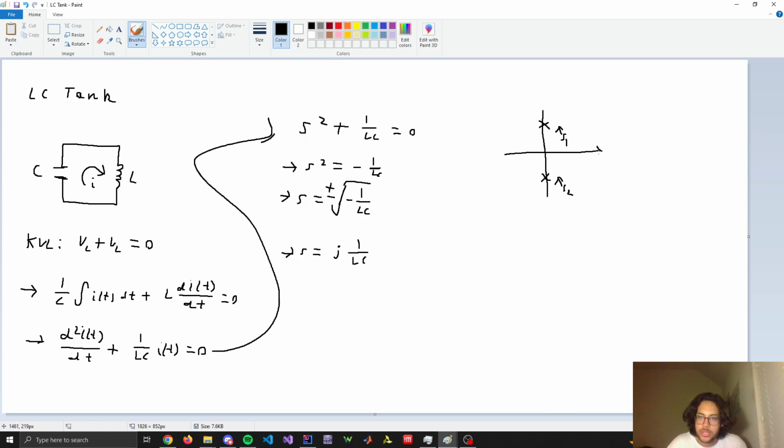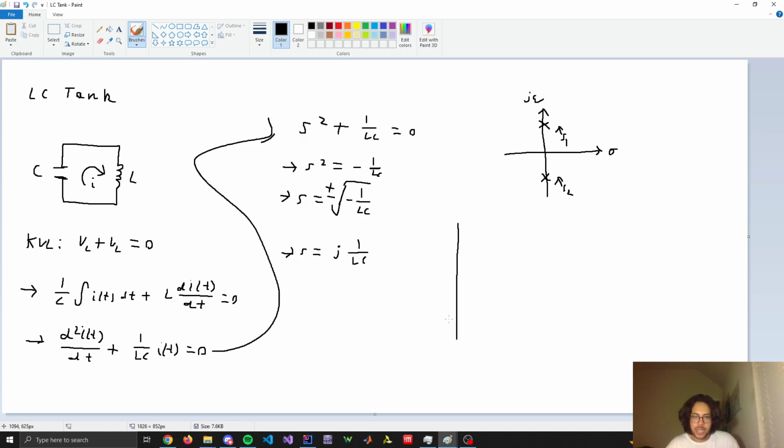Now our poles are purely imaginary. Remember before we either had a purely real or a combination of real and complex numbers. Sorry, this is j omega. But now our poles are purely imaginary for the LC circuit.